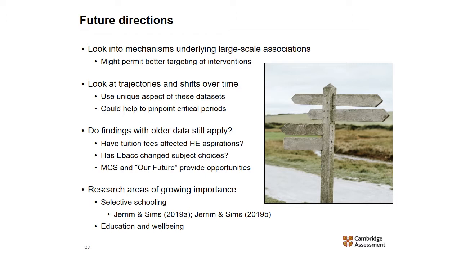So for selective schooling, which has become a big issue in recent years, Jerrim and Sims, just earlier this year, have released a couple of papers looking at the effects of selective schooling using Millennium Cohort Study data. Similarly, education and well-being is a growing concern for people, and these data sets explicitly include questions about well-being. So there's definitely potential for areas of growing importance to be studied with these data sets.